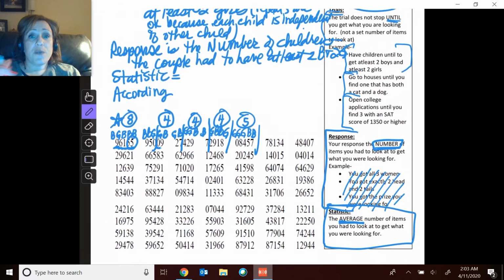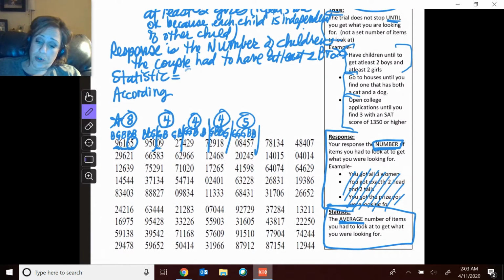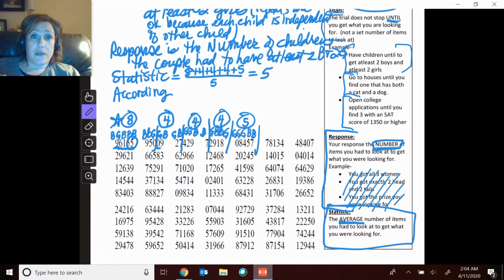So in this case, to average our numbers, we're going to be adding up those 5 values and dividing by the 5 trials. Okay, so that's 25 divided by 5. So that number is 5.